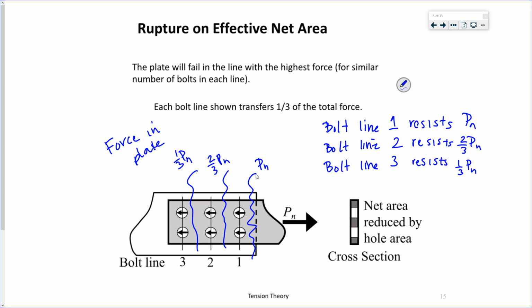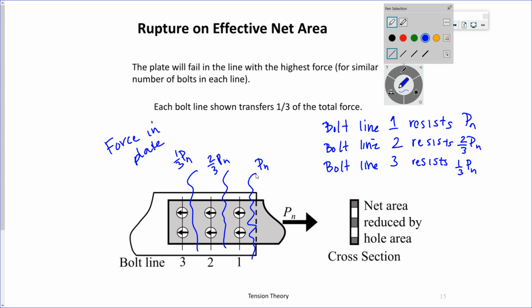So, which bolt line do you think will fail? The plate at which bolt line do you think will fail? If you answered bolt line 1, you are correct, because it has to resist the highest force.